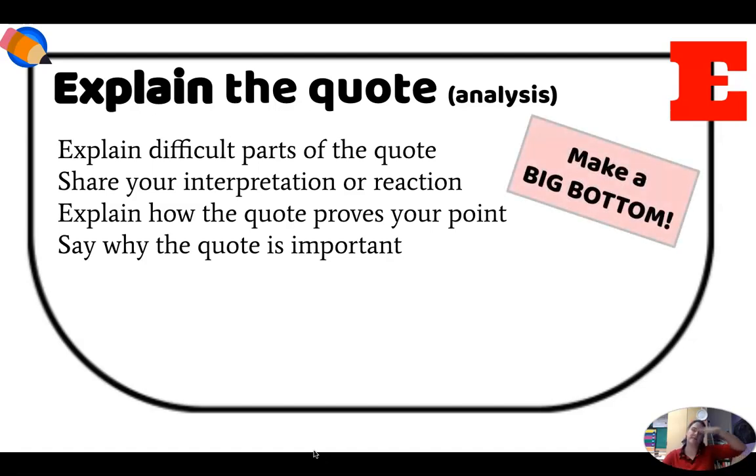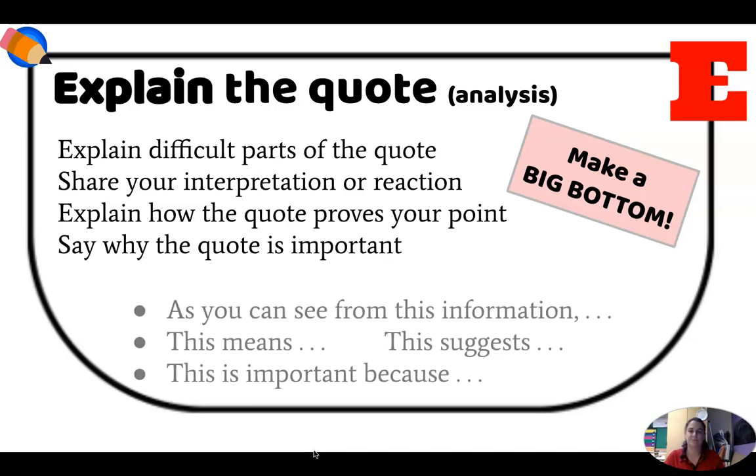And we kind of want to make this a big bottom section because your thoughts should be telling us and linking this back to helping us understand your claim and how this all works together. Your thoughts should be the biggest part of this, where you're bringing all of your evidence together.